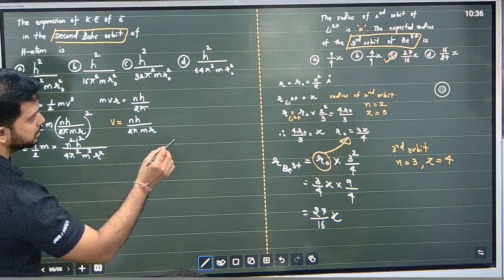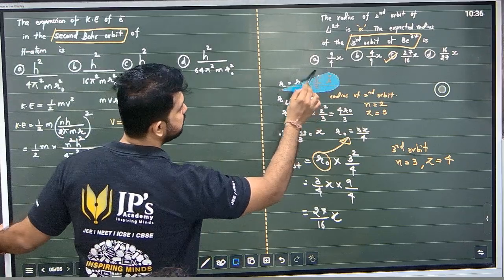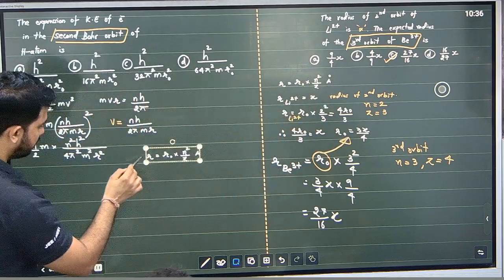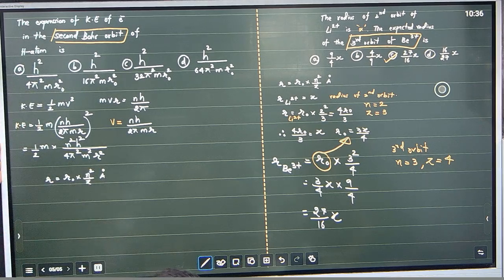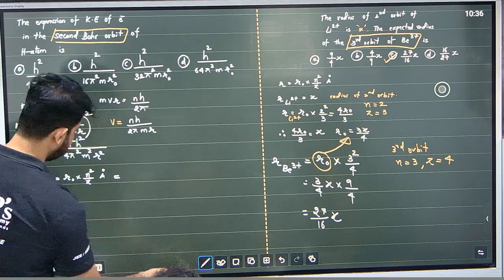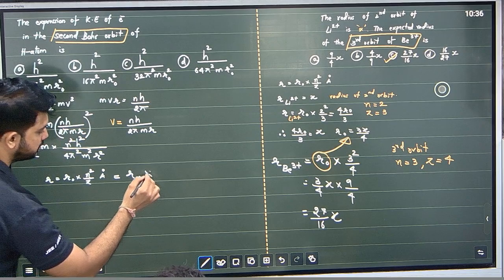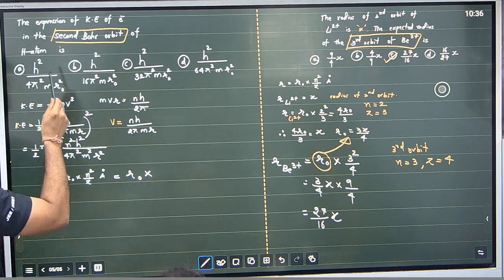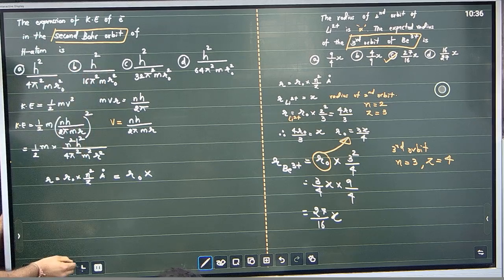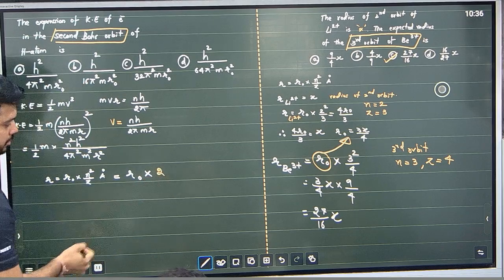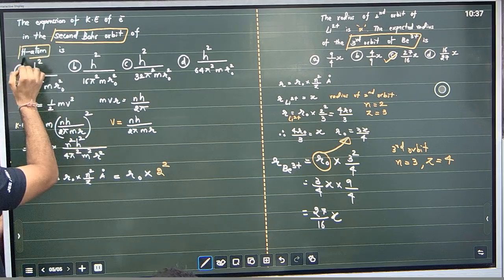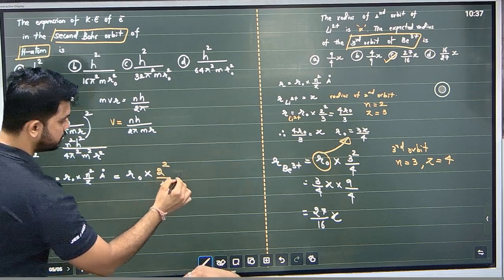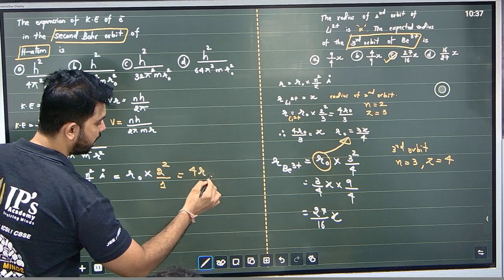We know that r is equal to r naught into n square by z. So r naught into, how much is n for this second Bohr orbit? So I can put 2 squared. And how much is z? 1, because it is hydrogen. So this becomes 4 r naught.